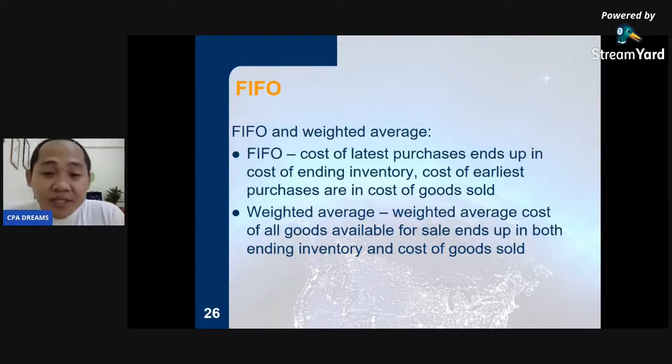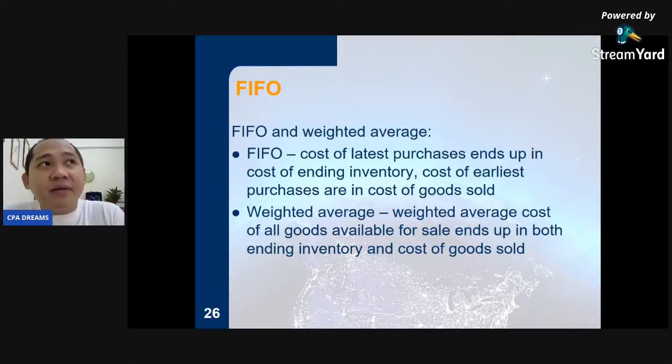Okay, sa first in, first out, ito yung cost of latest purchase, which ends up in cost of ending inventory. And then yung cost of earliest purchases are in cost of goods sold. Kaya nga laging tinatanong, yung inflation would result to what? Of course, to highest net income, kasi yung ending inventory mo is magiging mataas.